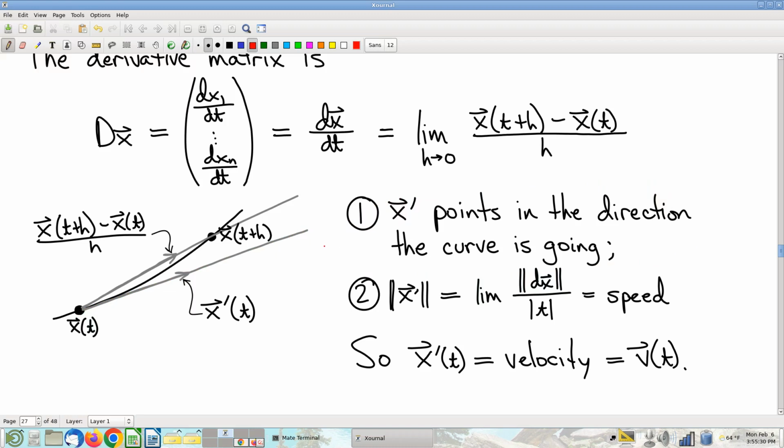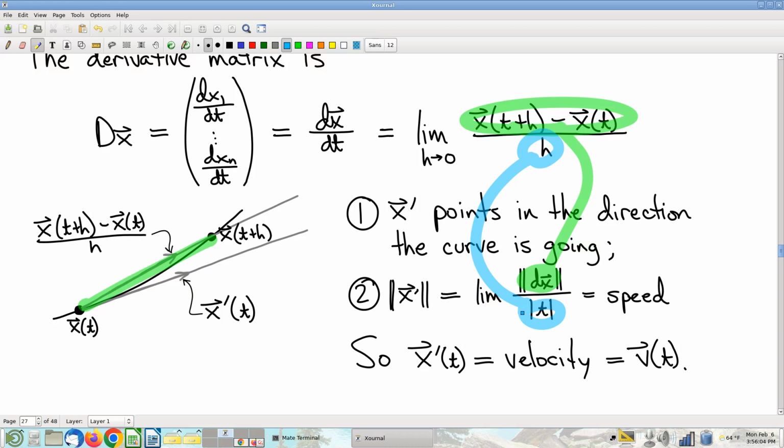Next question: what's the magnitude of this vector? Again, let's not get lost in formalities, but its magnitude is just that distance. And this denominator represents an elapsed time between time t and time t plus h. So the magnitude is pretty literally distance per unit time, otherwise known as speed.